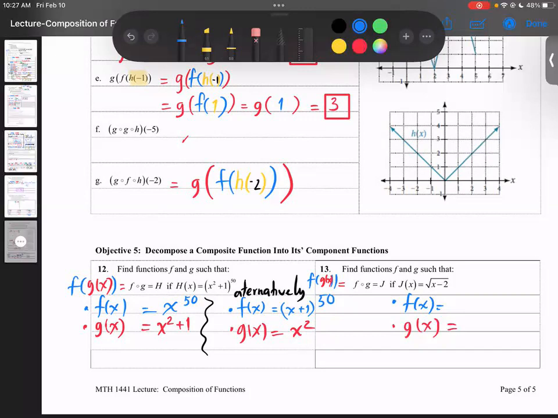Think of it, x minus 2 is a blob. Square root of x, right? And then now g will be what? X minus 2, right? So when you plug in the x minus 2, you have square root of x minus 2. Practice more, you'll get it.